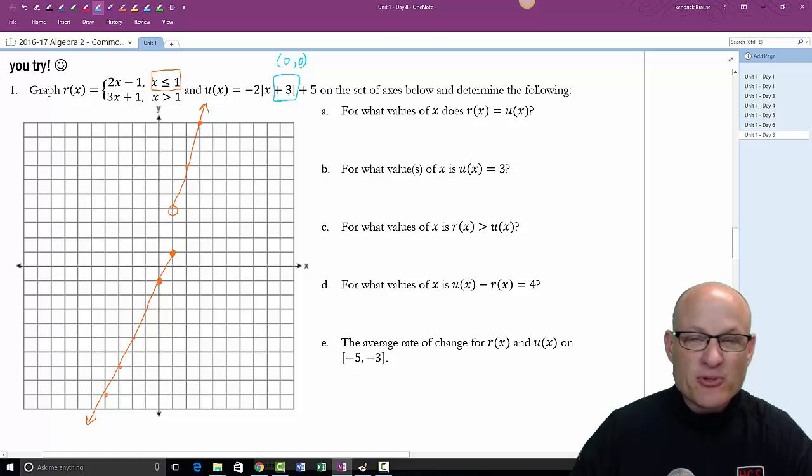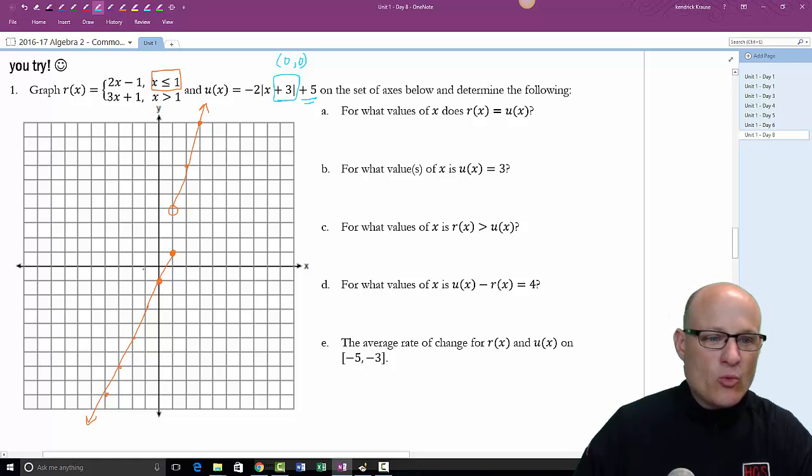Because that's a plus 3, we're going to go to the left 3 and up 5. So 1, 2, 3, 1, 2, 3, 4, 5. And the slope is negative 2. So in both directions we're going to go down 2 and to the right and left 1.